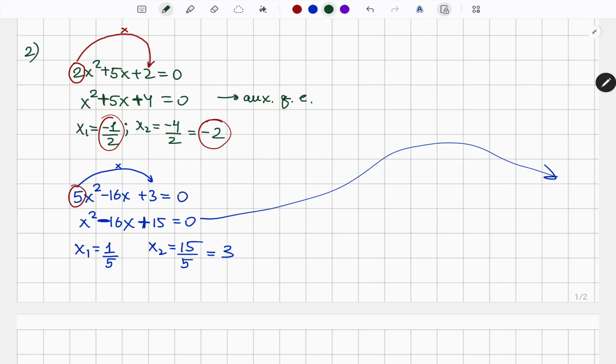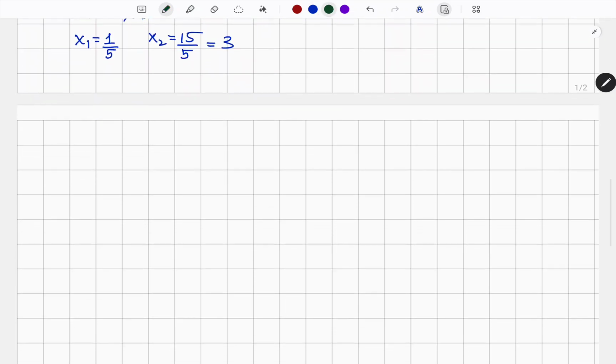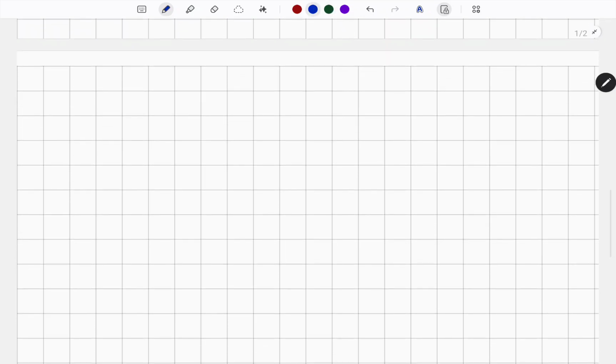Okay, so as I promised, we have to consider the strict mathematical proof of the method. It's relatively easy. Ax squared plus bx plus c is equal to 0. This is the original quadratic equation. And what are the roots of this quadratic equation?